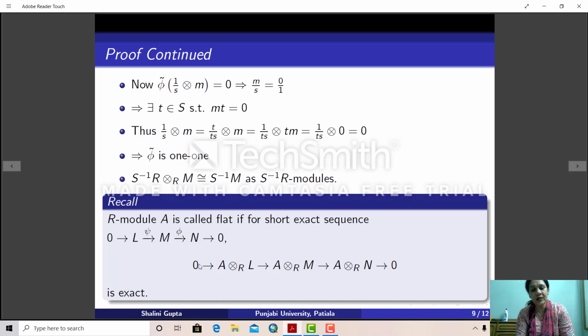If this resulting sequence is also exact, then we say that module A is flat. This should be true for every short exact sequence of R modules.